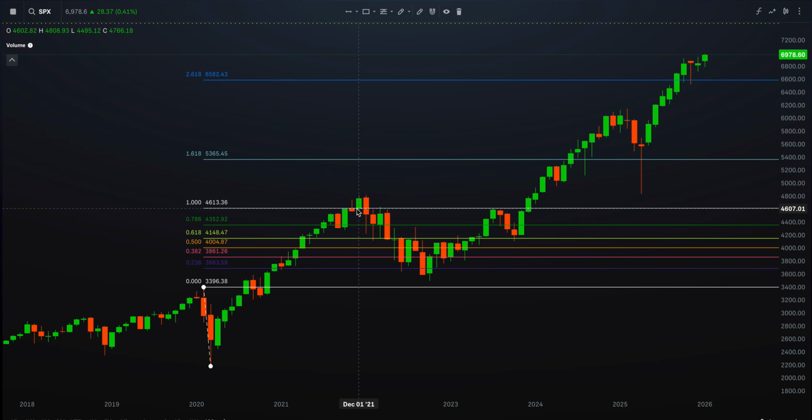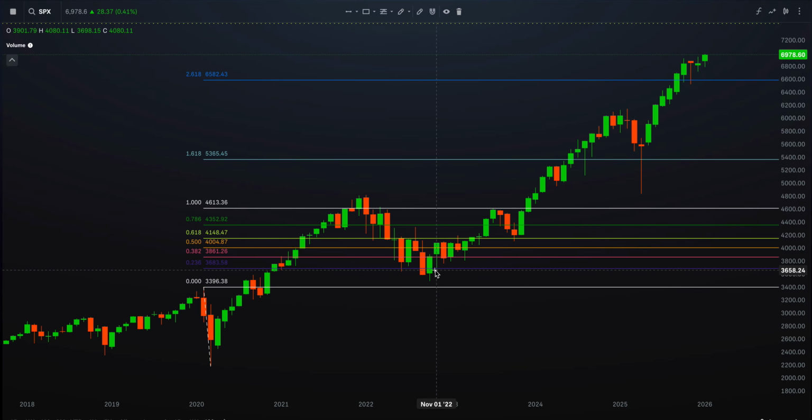This acted as a major resistance at this particular point, so the price came all the way down and tagged the 23.6, which is at 368. This is just analyzing the backdated history of the S&P.